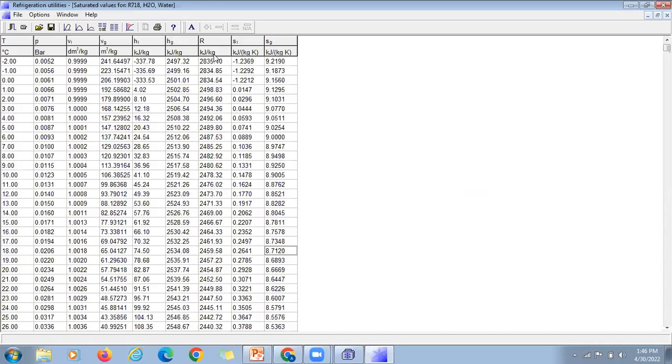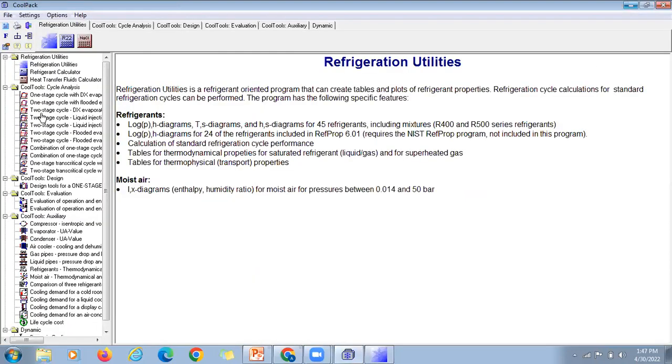And also you can see the entropy values. So this is very important. If you know how to read this, you can see plenty of data here. This is about water.